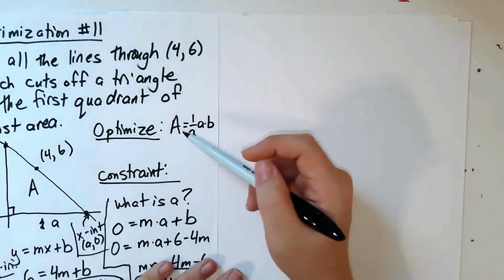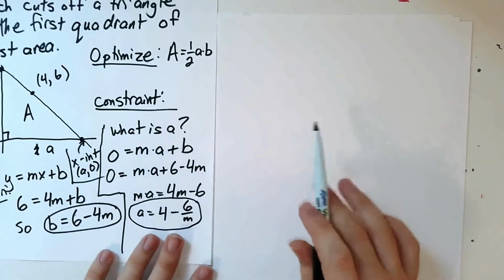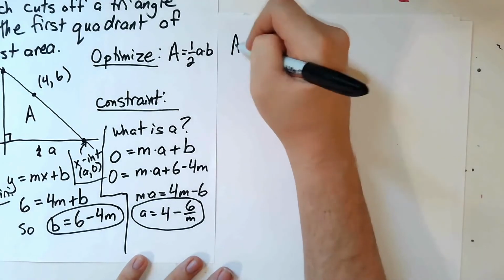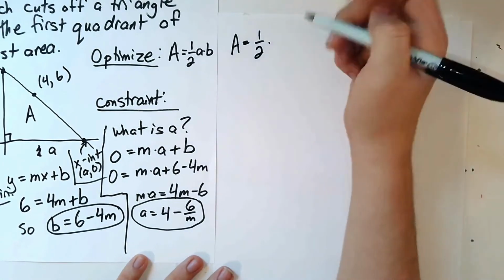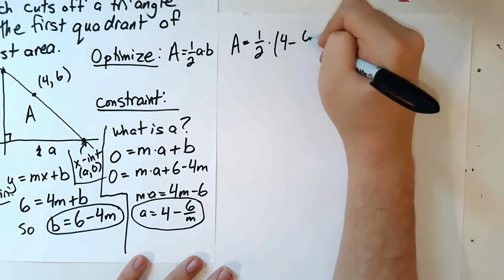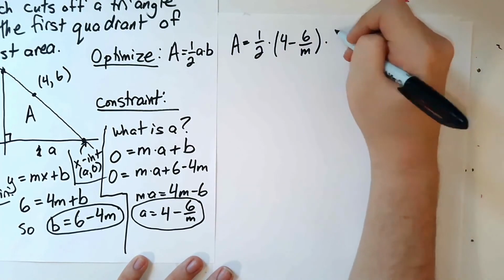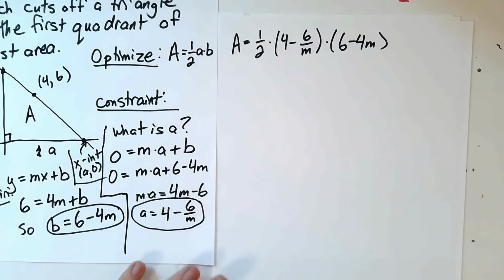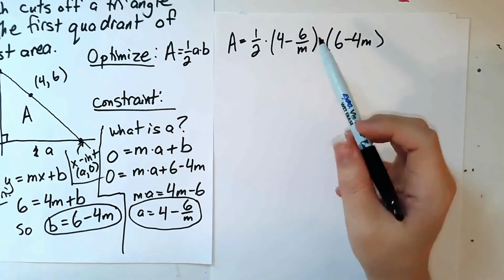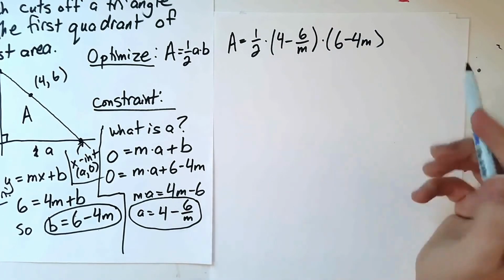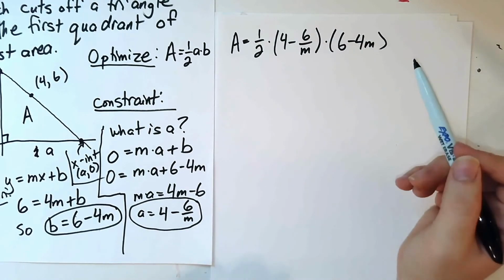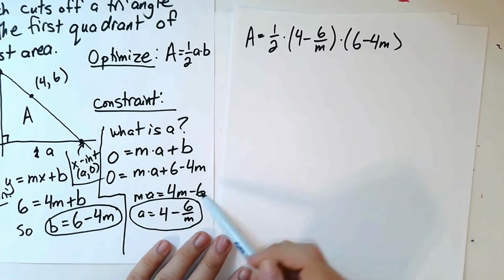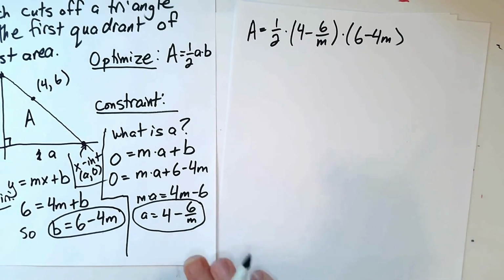Because now I can plug both of these into my equation to optimize. So now I get that A is 1/2 times 4 minus 6 over m times 6 minus 4m. And now I can figure out where the derivative of this is 0, and that will tell me what slope I want. And once I know what that slope is, then I can figure out the rest of this information.